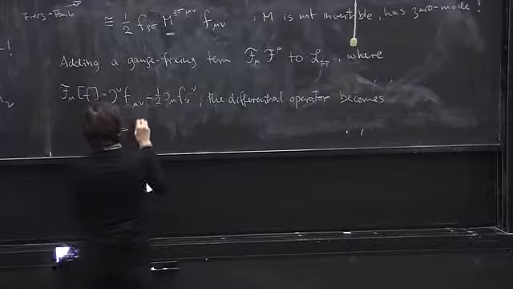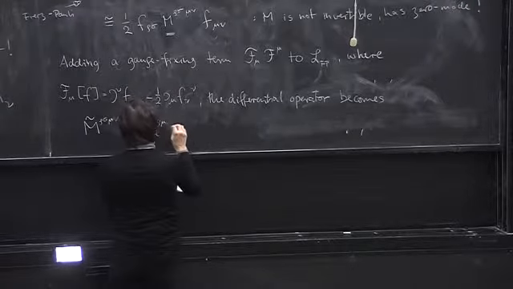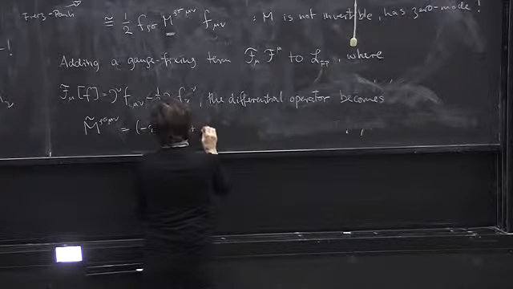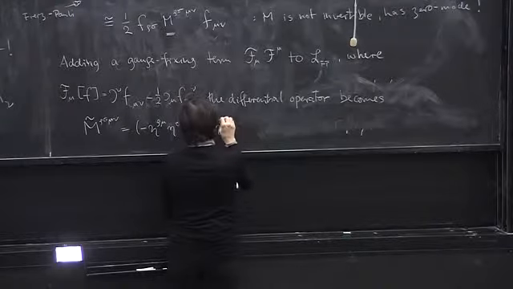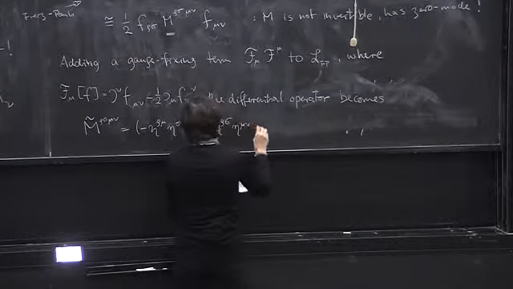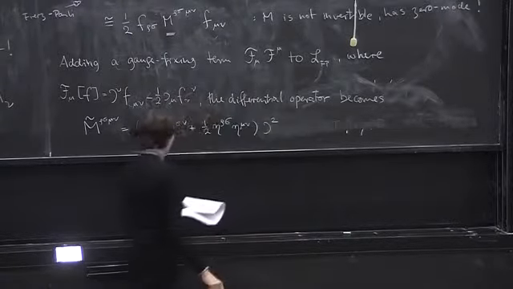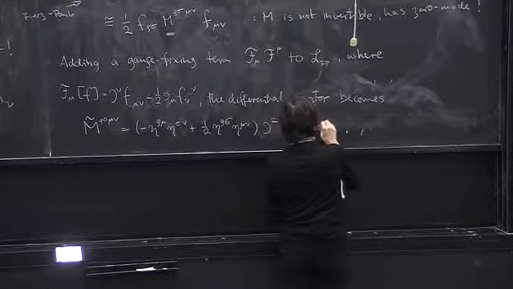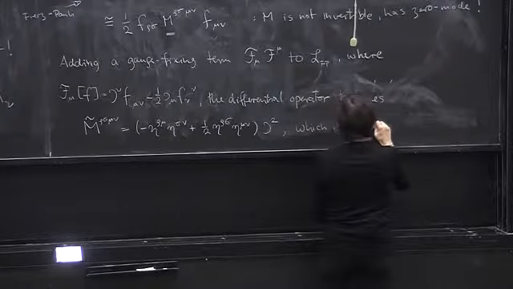It becomes minus eta rho mu, eta sigma nu, plus 1/2 eta rho sigma eta mu nu times del squared. And this happens to be invertible.